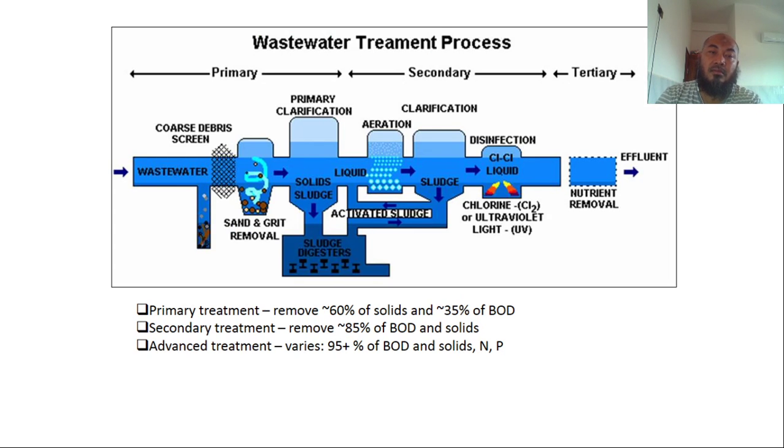So in here, the primary treatment can remove about 60% of solids and 35% of BOD. And then in the secondary treatment, you can see here, this is the activated sludge method: aeration tank and clarifier, clarification tank.